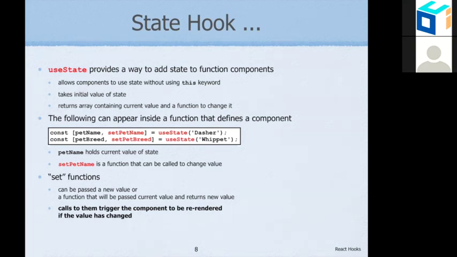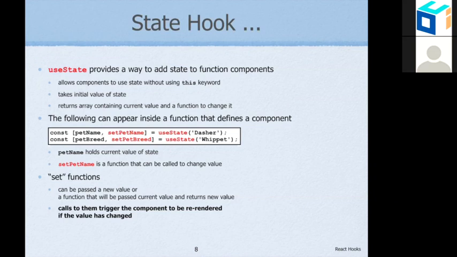And so in the example code you see here, I want to set up state to hold on to a pet's name, and I'm initializing it to Dasher. And then I also want to hold on to the breed of a pet, and I'm initializing that to Whippet. Every time this component renders again, this is going to get called, and we'll talk about the implications of that, I think, on the next slide.